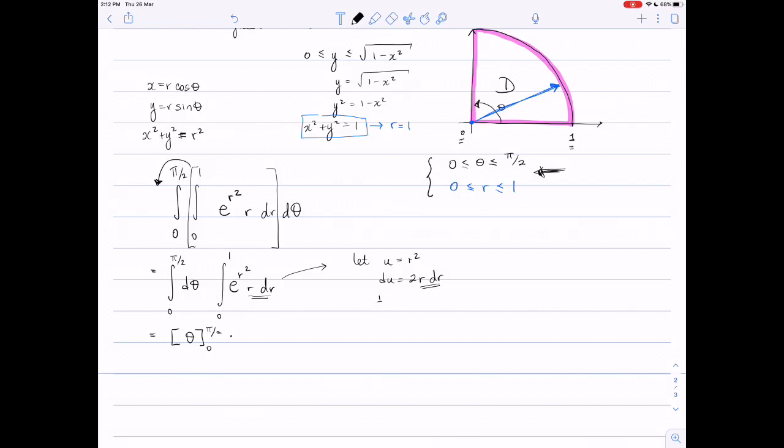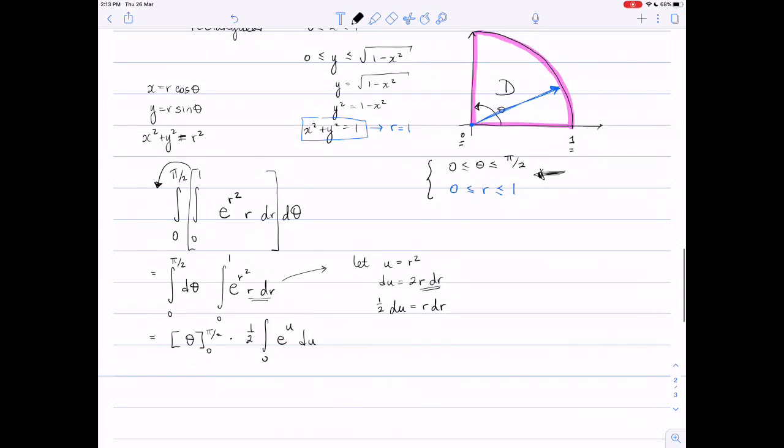And so we're going to have 1/2 du is r dr. So this is going to give us 1/2 times the integral of e to the u, r squared is u, r dr is du, and then we have to change our bounds. When r is 0, 0 squared is still 0, and when r is 1, r squared is still 1.